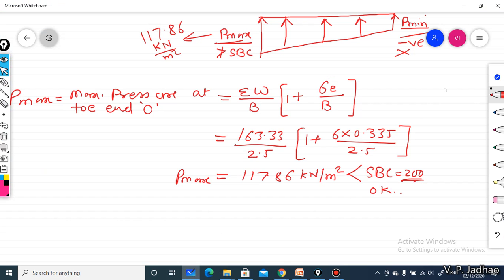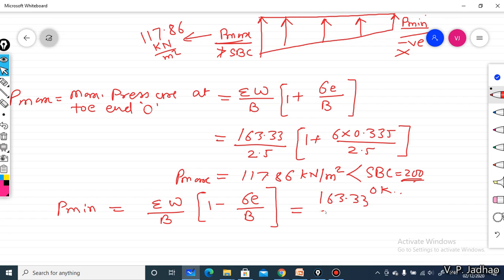So we get P minimum equal to summation of W divided by B into 1 minus 6E divided by B. So this is equal to 163.33 divided by 2.5 multiplied by 1 minus 6 into eccentricity 0.335 divided by 2.5.